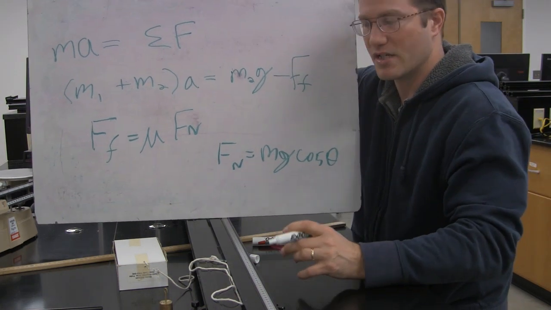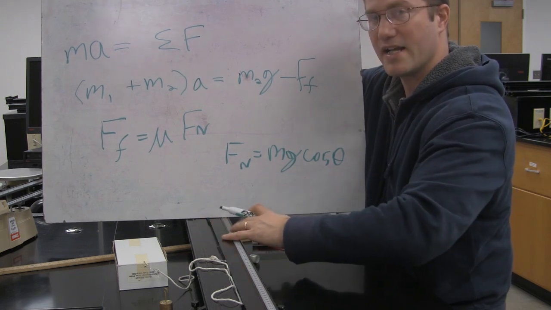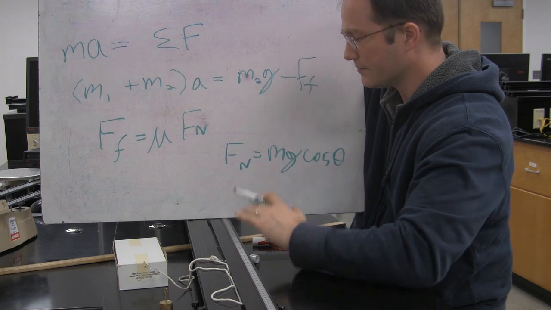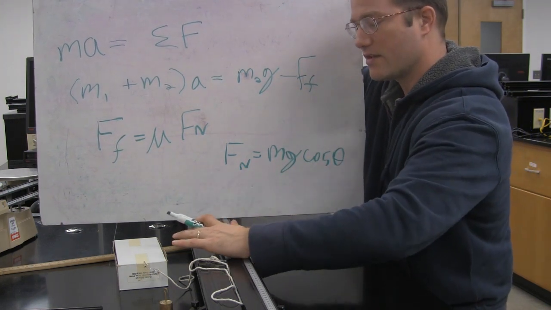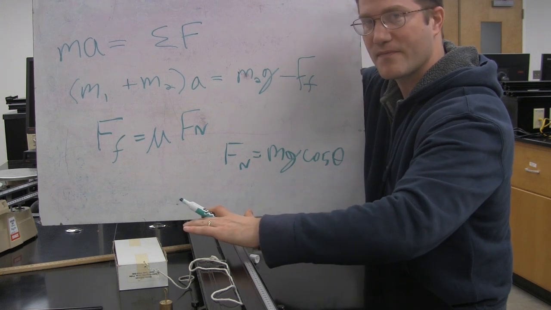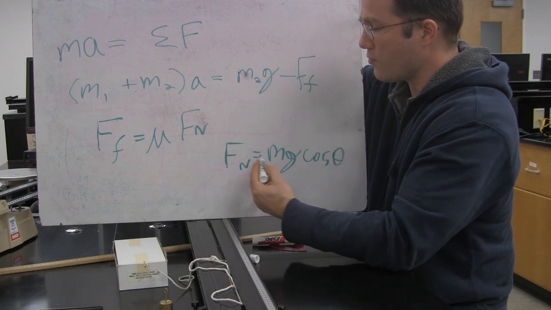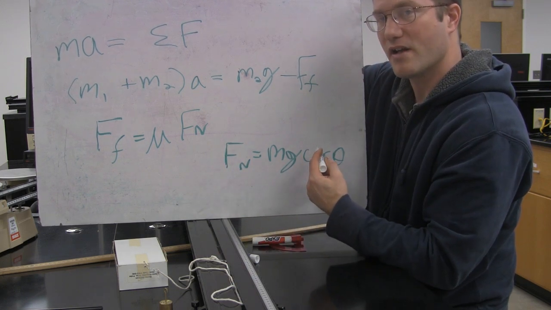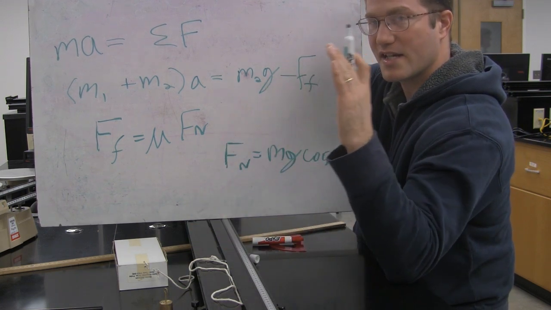So you can imagine if you have something on an incline that makes the angle theta up from the horizontal, when theta is 0, or the incline is flat, then the normal force is just equal to the weight of the object, because cosine of 0 is 1. Now as the incline increases, theta goes up maybe to 90 degrees.